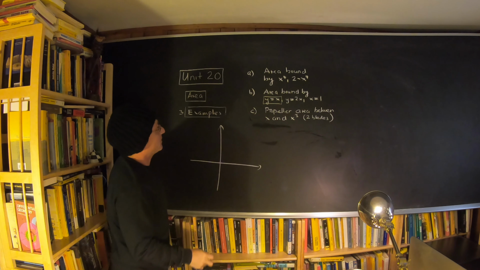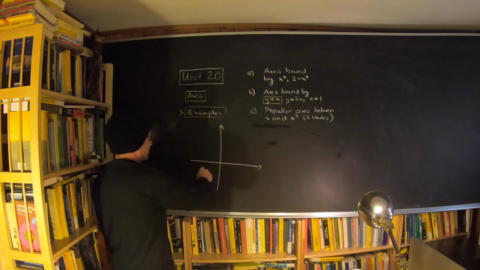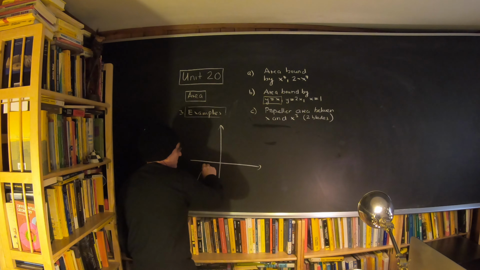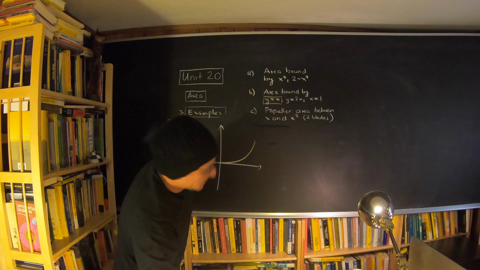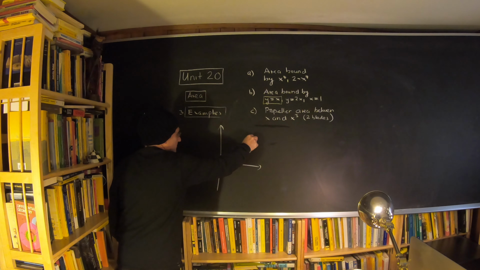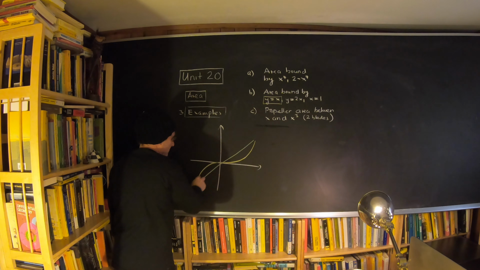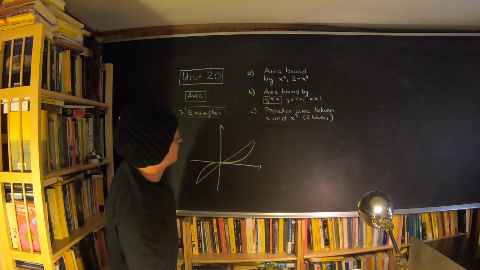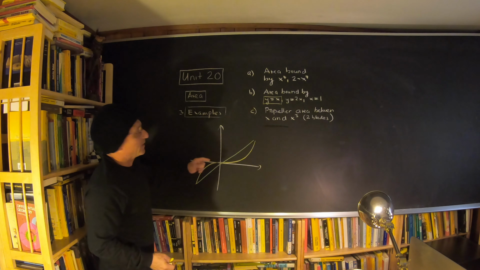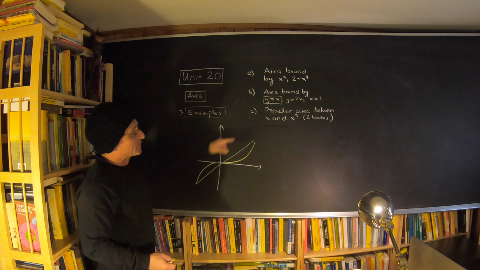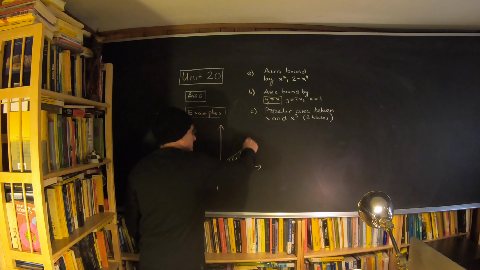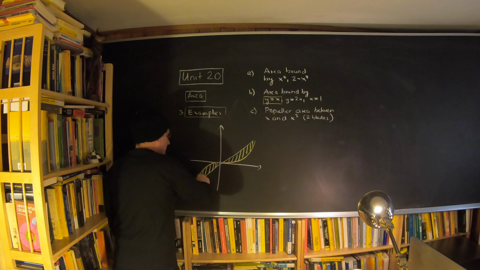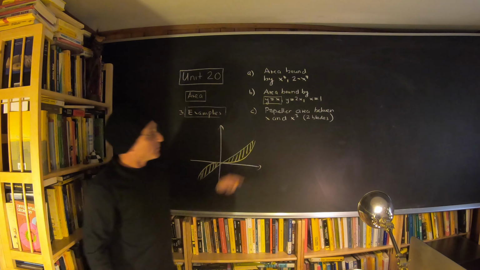What we have is x to the third, right? x to the third is one function, and the second function which we are given is x. And we ask for the area between these two graphs. We have two blades here: this is one of the blades and this is the other blade.